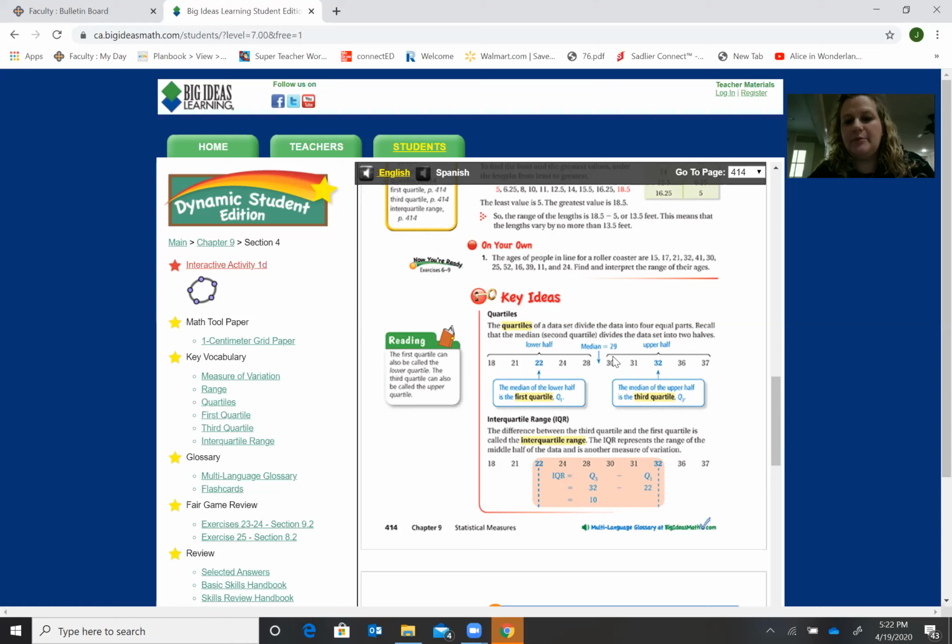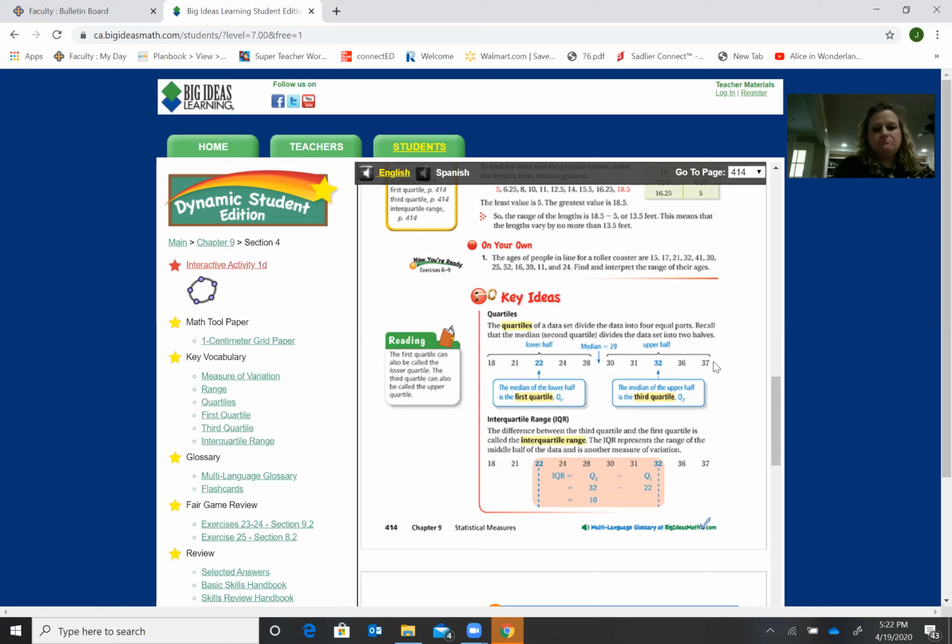Then you repeat that process again. 30 crosses off 37, 31 crosses off 36, and you're left with 32, which is the third quartile. So with that being said, we have our first quartile at 22. Our second quartile is 29, because that was the median of the whole thing. And then the third quartile is 32, because that is the median of the upper half.